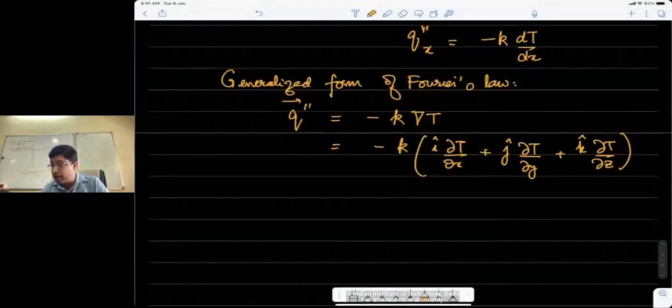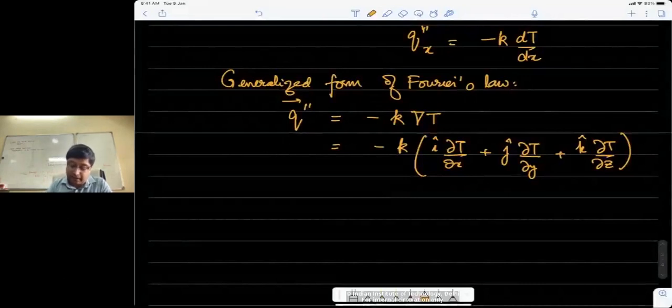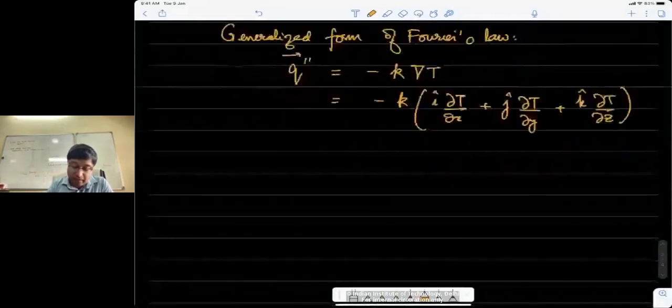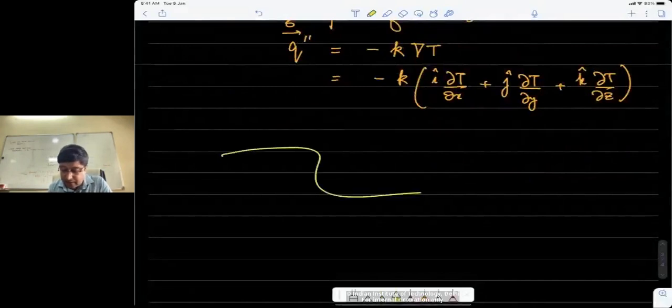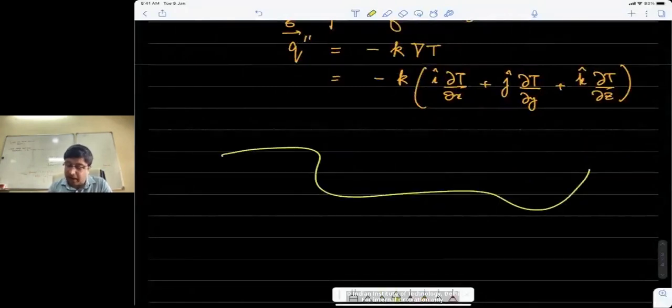So the flux is a vectorial quantity, and the idea that it depends on the gradient of T, what it means mathematically, you may recall from one of the earlier courses on mathematics in the first semester, where you must have done differential equations. Let's say I have a line along which temperature does not change.